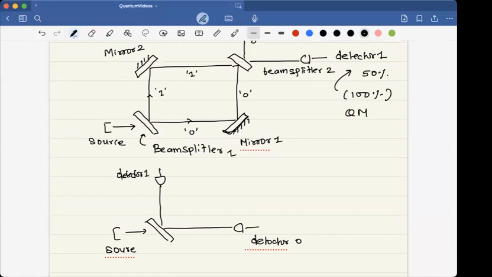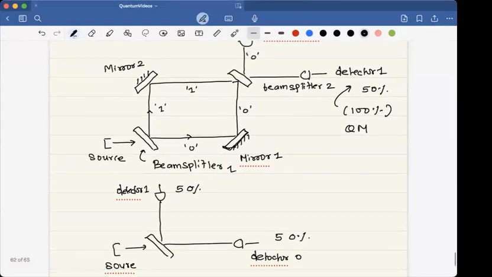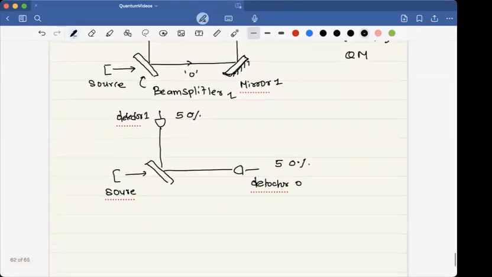In this case, both the classical and the quantum mechanical situations work out to be the same. There's 50% probability of detecting at detector 1 and 50% at detector 0. So the situation can be explained classically quite well.